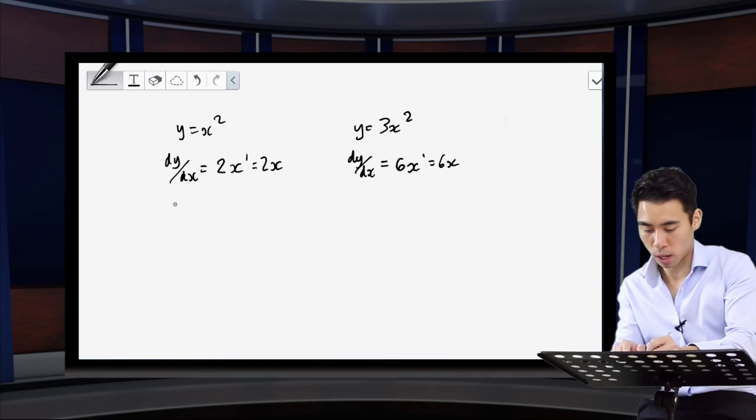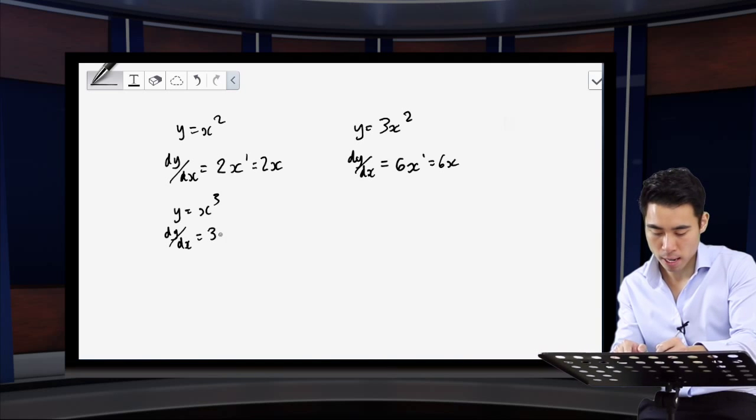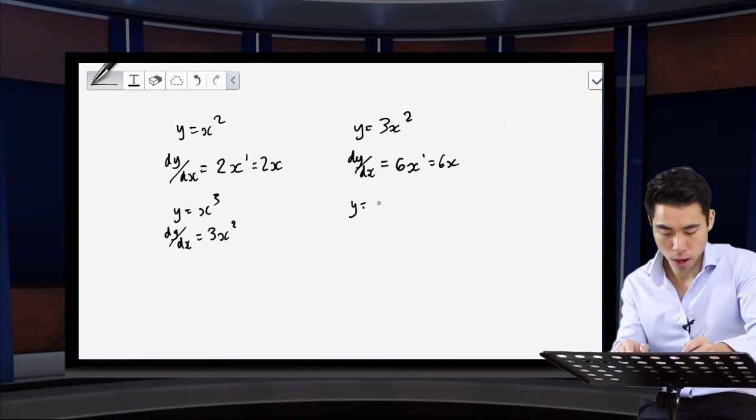Let's take a look at a few more examples. So y equals x cubed. What happens to dy by dx? I'm going to bring my power down to the front, which gives me 3x, and decrease this power 3 by 1 here: 3x squared. Similarly, if I now have y equals, I don't know, 4x cubed, my dy by dx: I'm going to bring that 3 to the front.